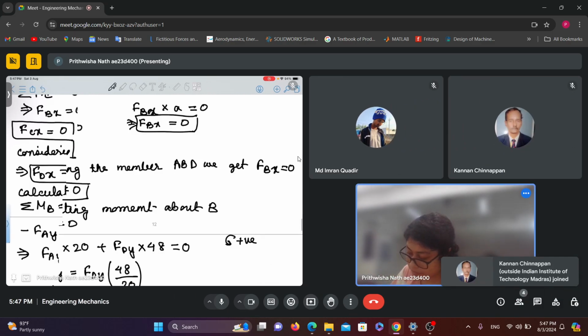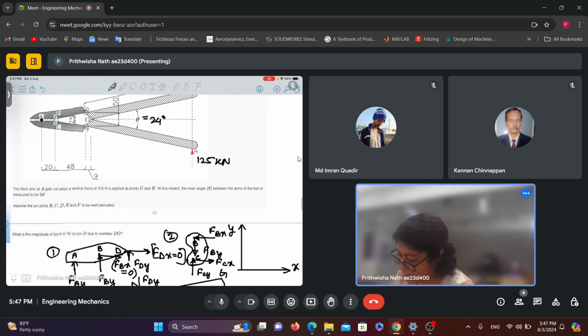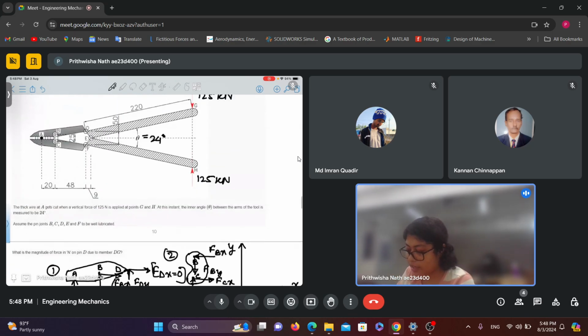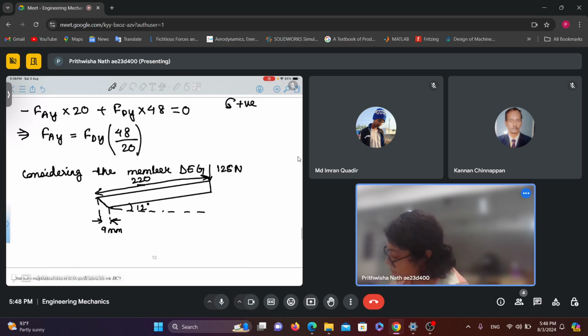This is given as 9 millimeter. This distance is 220, and this angle, can you tell me what should be this angle from this figure? 12 degrees, yes.